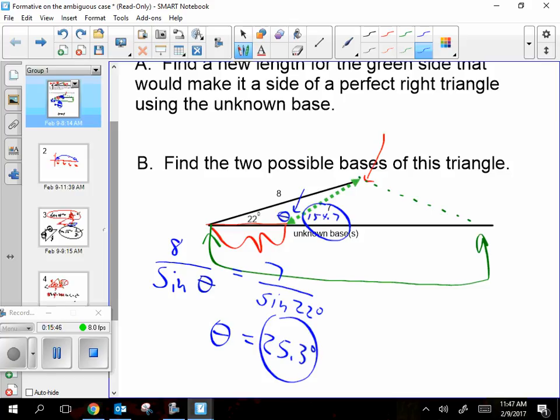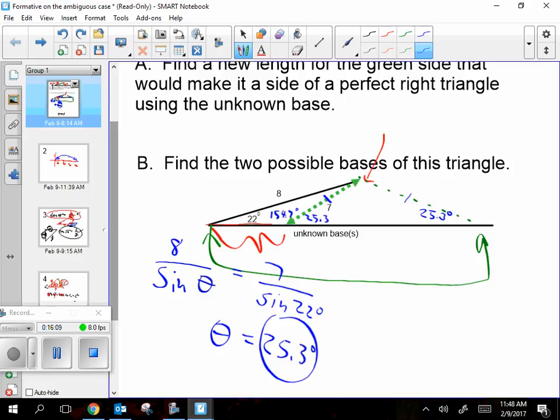You can't tell what this angle is, so you have to think it through and say, okay, it must be this one is 25.3. And the other one must be 154.7. And this must be 25.3 again, because that and that are the same.